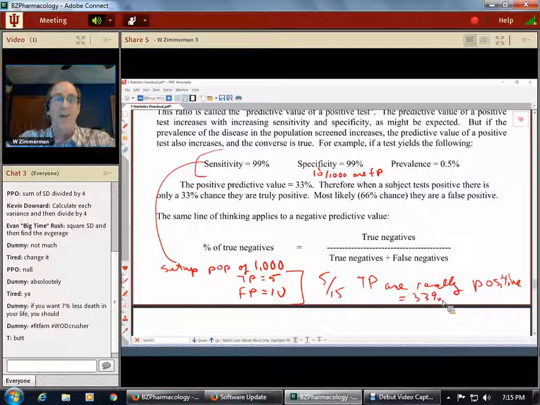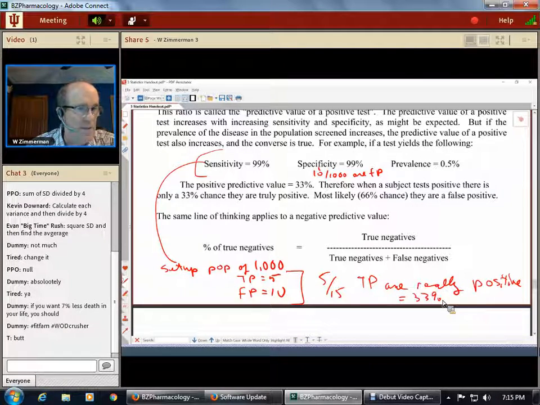And an outcry came: you can't test everybody. It's a rare disease, and you're going to have more false positives than true positives by far. It won't even be close. So the prevalence matters, and one of the best things you can do is only use the test in people that you suspect have the disease.